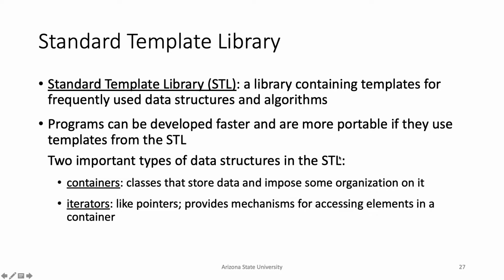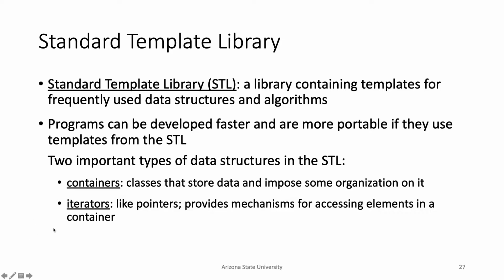So there are two types of things related to data structures in the STL, namely containers and iterators. And you may not have seen these terms, but in fact, we've been using them pretty much the entire class. So what do you think is an example of a container that we've been using for a long time now? A vector, right. It's a container, meaning it contains elements. Another one, in fact, is string. String contains elements.